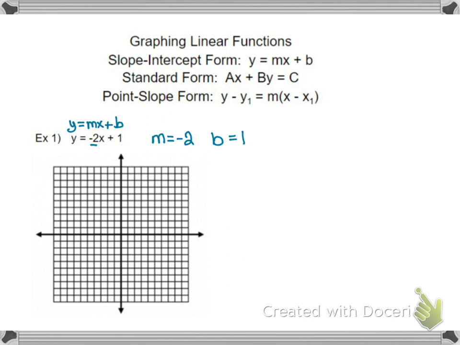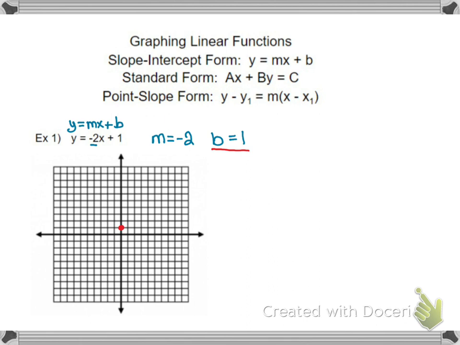We're going to start by graphing the y-intercept. So on the y-axis, you put a point on 1. Then from there, you're going to use the slope. If you remember, slope is rise over run.